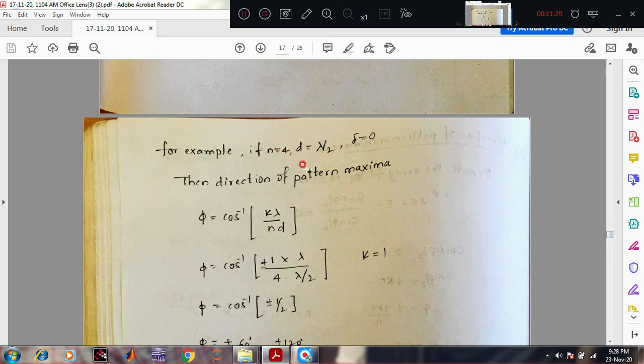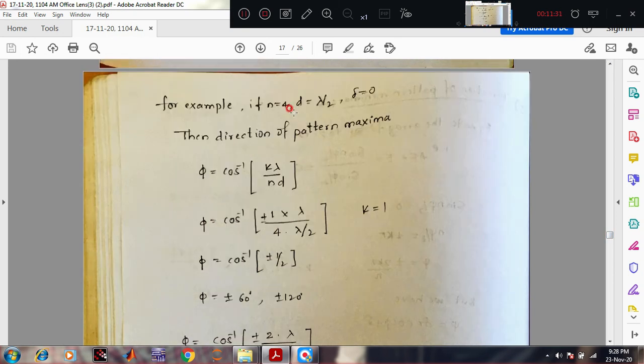For example, if n is equal to 4 and d is equal to λ/2, and δ is equal to 0, then the direction of pattern minima is given as φ equal to cos inverse of kλ/(nd). So φ is equal to cos inverse of k, if I substitute 1, into λ by n times d, which is 4 times λ/2, where d is the spacing between the array elements.